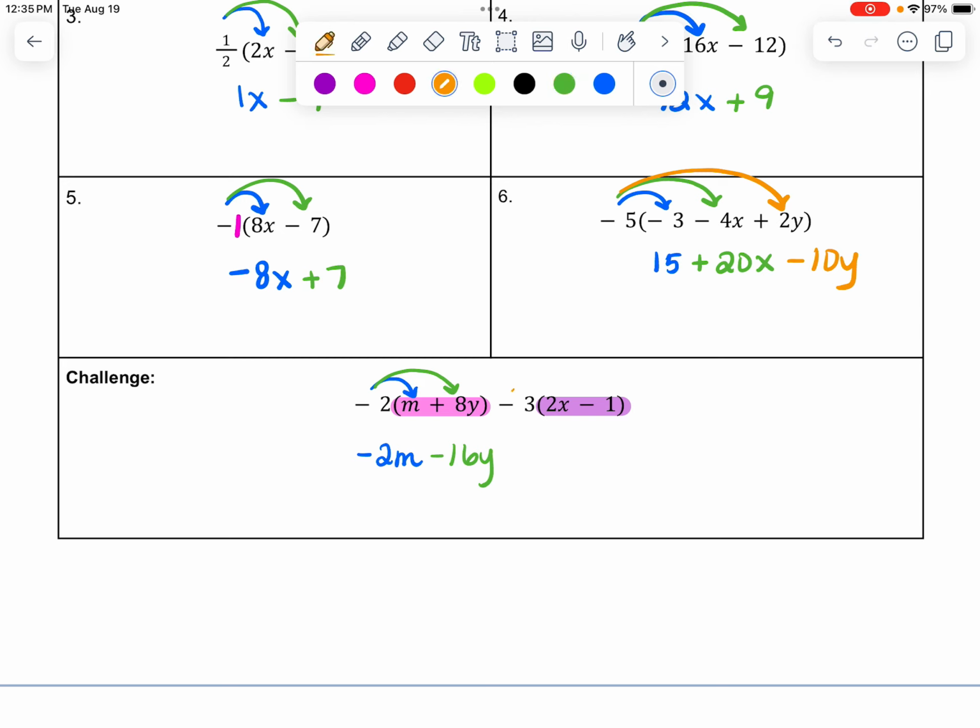Separately, the -3 will get multiplied by the 2x, which is -6x, and the -3 will get multiplied by the -1, which is +3. That's it, you're done.